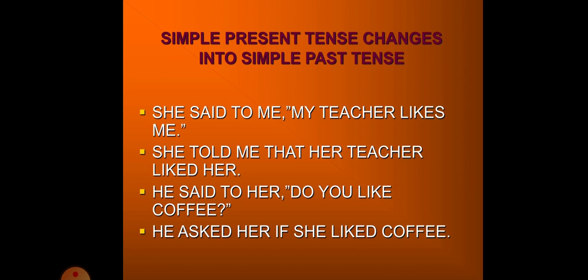Here, you is second person. Second person will change according to the object. Object in the reporting speech is her. So, the indirect speech will be: he asked her if she liked coffee. You will be changed into she because in the sentence her is used.